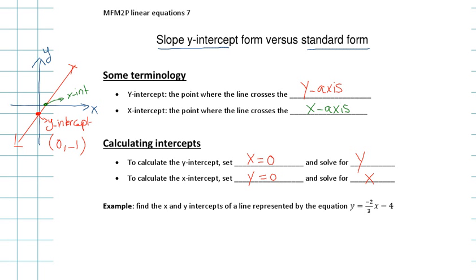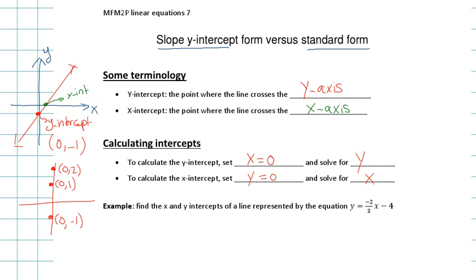This point is 0, 1. This point is 0, 2. This point is 0, -1. So any point on the y-axis has 0 for its x value. You understand that? So that's why, to solve for the y-intercept, I set x equal to 0.